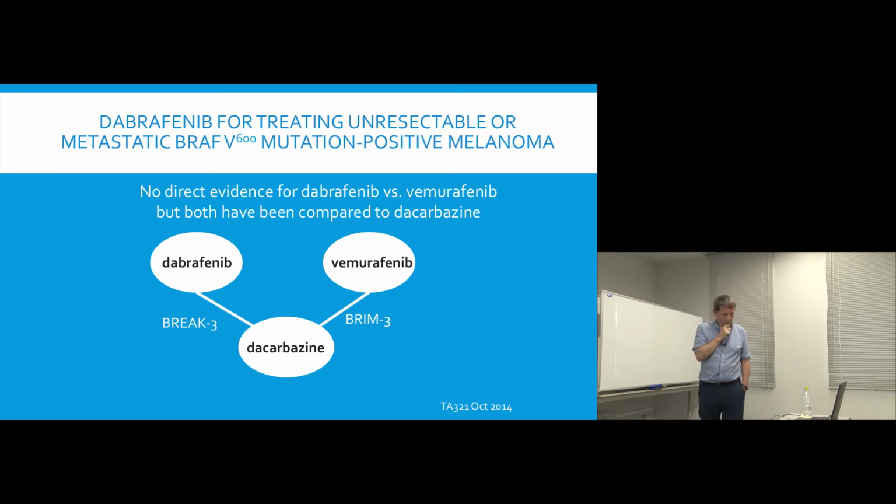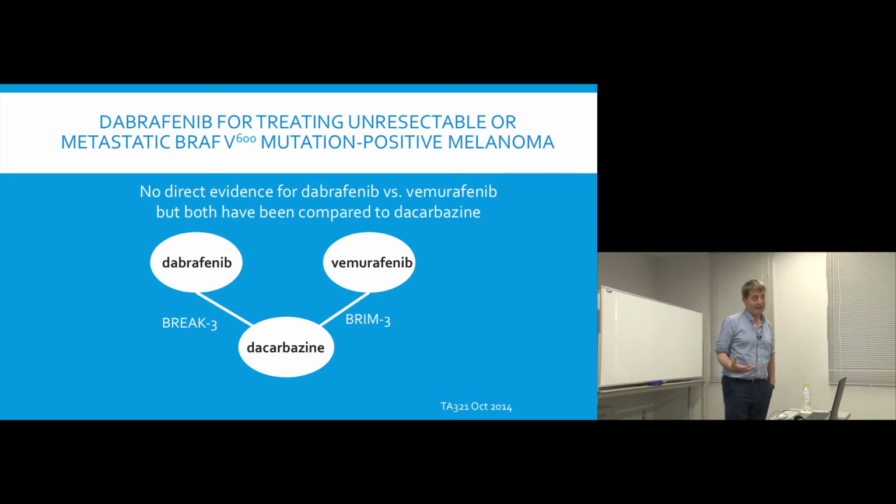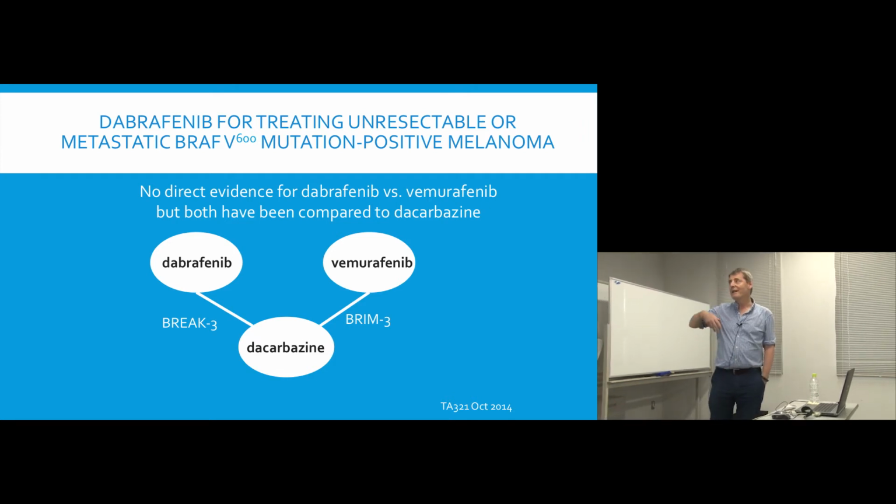Now, what quite often happens is that a manufacturer has individual data on their product. In fact, they are the people who have the individual data on their product. But if the other drug is made by a rival, they've only got aggregate data.